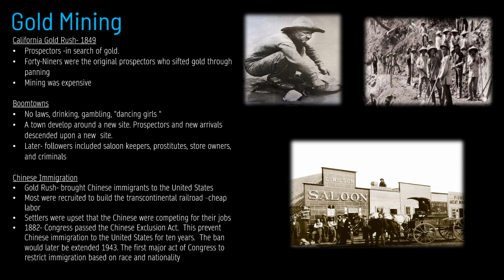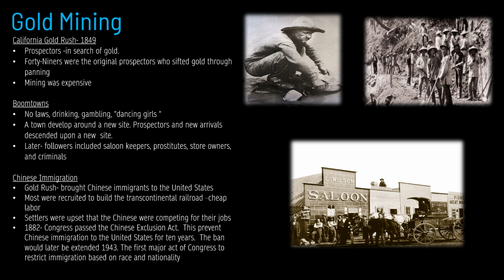So the other thing is the Chinese immigration and the Chinese Exclusion Act. You have the Chinese immigrants who are really going to work this area. And then in 1882, Congress is going to pass the Chinese Exclusion Act.